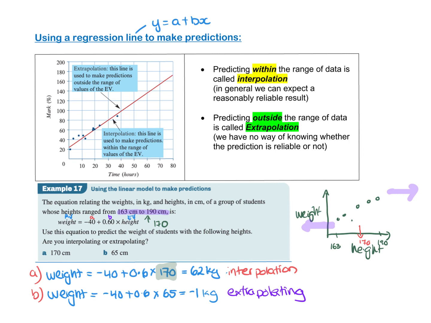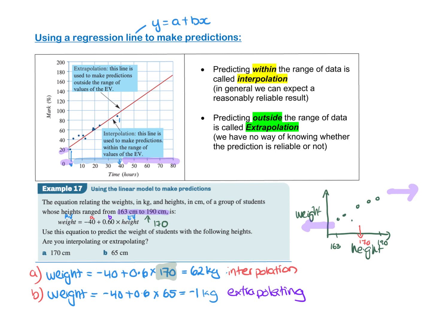So if you look up at my little example there, which was a different one with the marks and the hours, our smallest time in hours was here, and our largest one was, let's just say, around the 30, okay? So if you are predicting any value in here, that would be interpolating. If you're predicting any value after those or before it, that would be called extrapolating, all right?